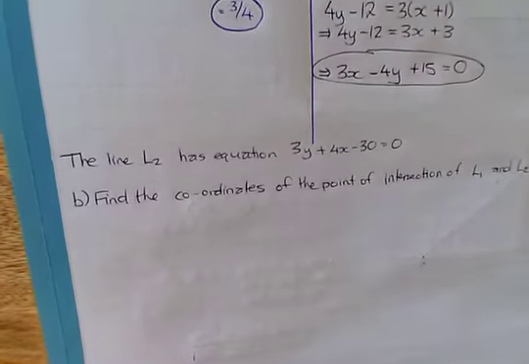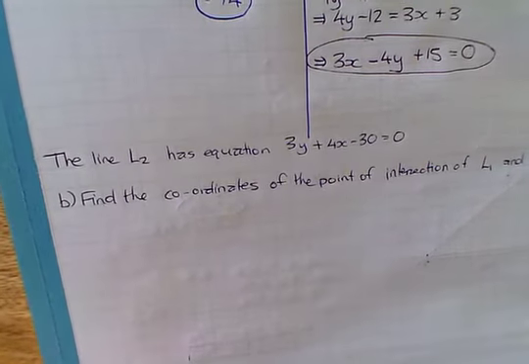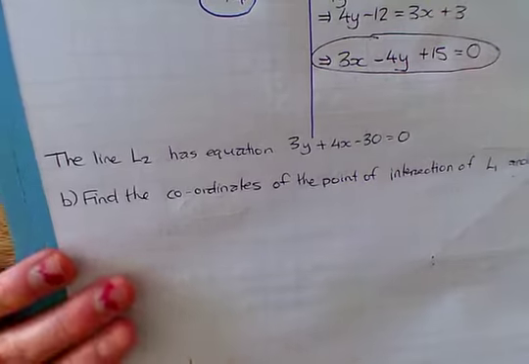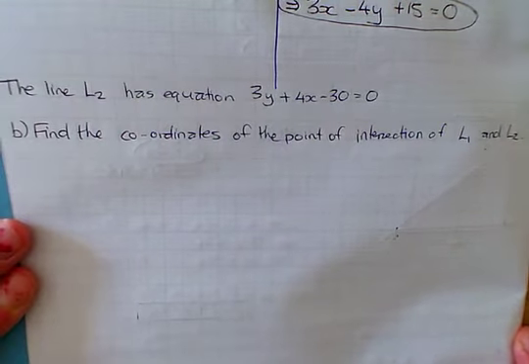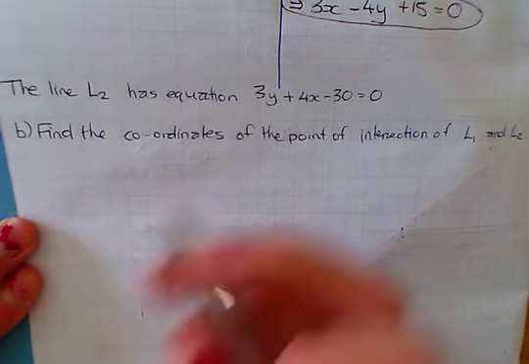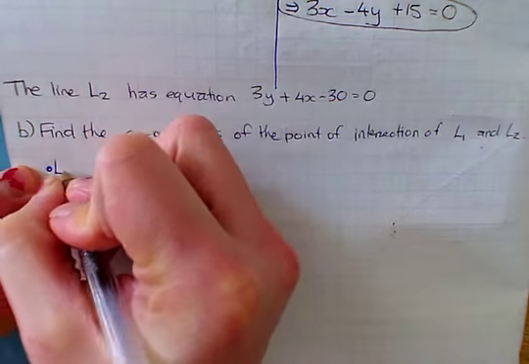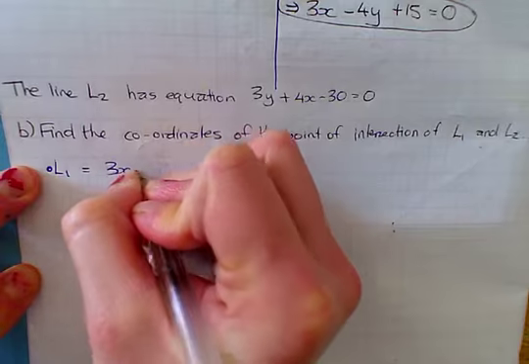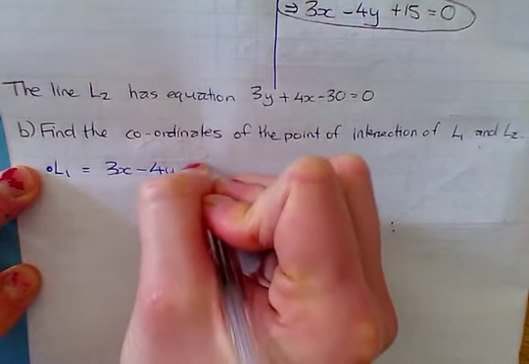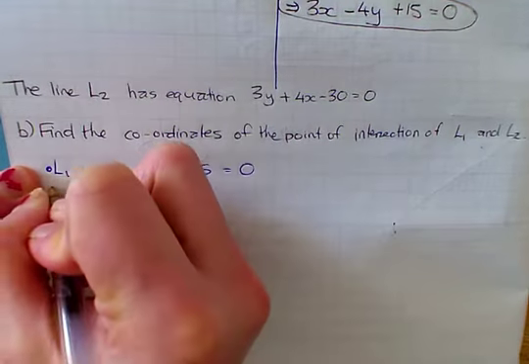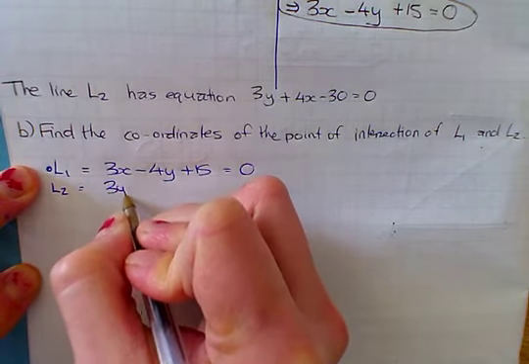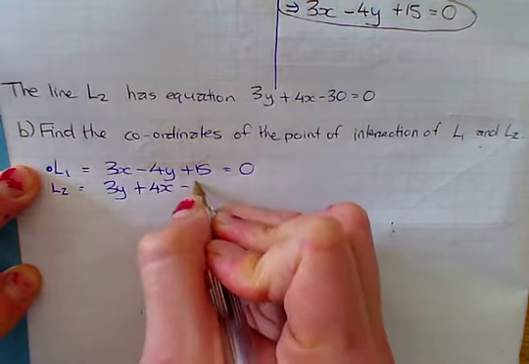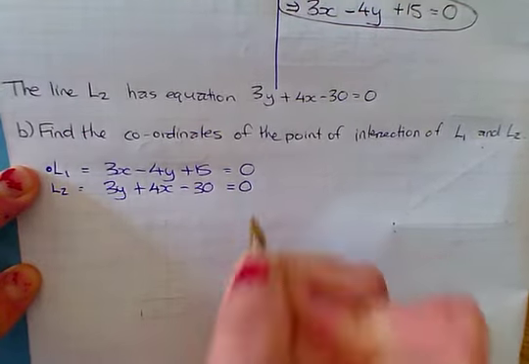I'm then told that the line L2 has equation 3y plus 4x minus 30, and I'm asked to find the point of intersection for L1 and L2. So I'm just going to write them both out again. So we have got L1 is 3x minus 4y plus 15, and L2 is 3y plus 4x minus 30.